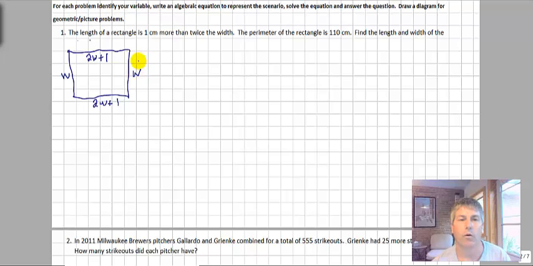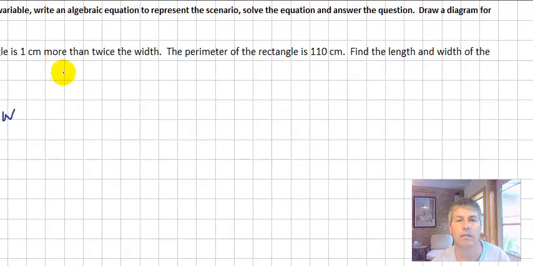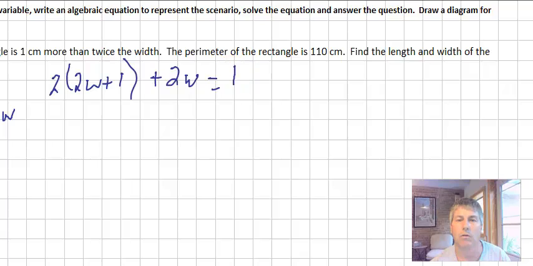The perimeter is 110. We know that we can add up all the sides, or 2 times the length plus 2 times the width. So 2 times the length, 2 times (2W plus 1), plus 2W equals 110. I'll go ahead and distribute the 2. Look at that, we get 4W plus 2 plus 2W equals 110.